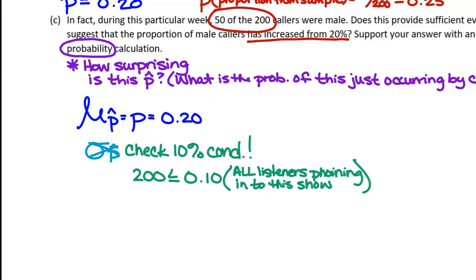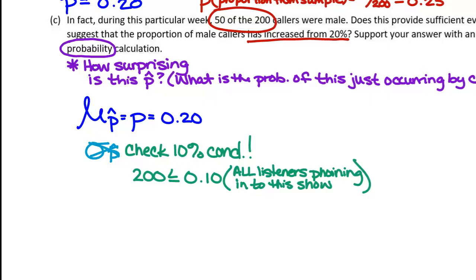And while it doesn't ask you to calculate this, that means there has to be at least how many for us to get away with this? At least 2,000. In the course of a week, do you think that's an okay assumption for us to make? Yeah, they get a lot of phone calls. We at least need to write down that we have checked this.